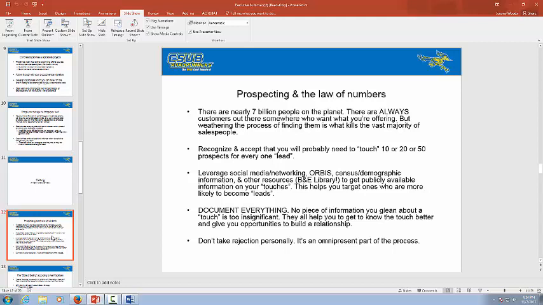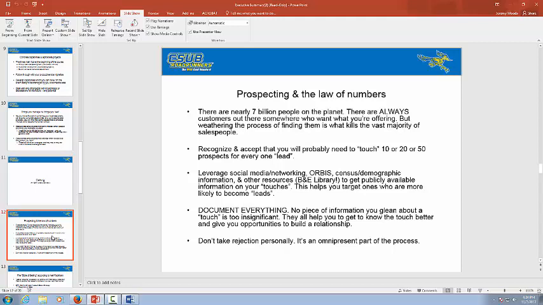It's not just one or two conversations. It's going to be dozens and dozens, or hundreds of emails sent, hundreds of phone calls made to identify customers. It's not just a handful of contact points.